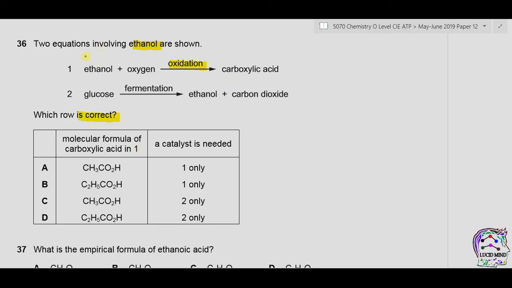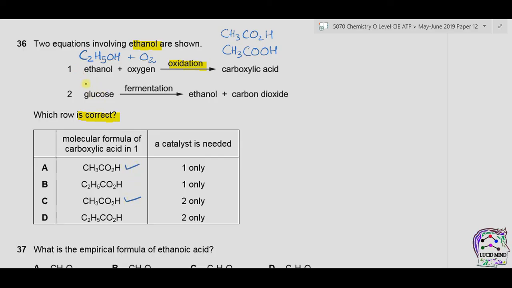As we have ethanol, which consists of two carbon atoms, it is C2H5OH, which reacts with oxygen. As we have a two carbon alcohol, it will form a two carbon carboxylic acid, which is ethanoic acid, CH3COOH. Or we can also write this as CH3CO2H. So it could be either A or C.